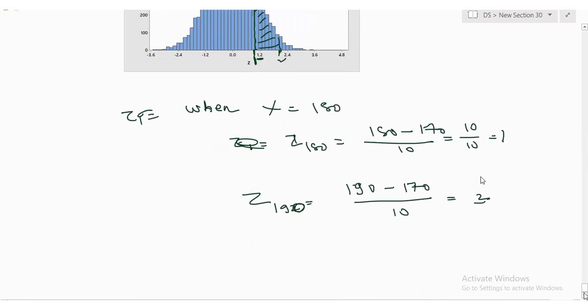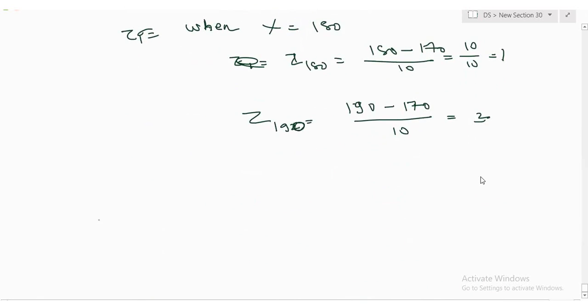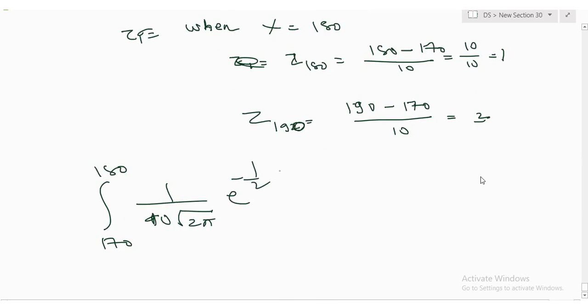So the meaning of this is, I want to find out the area between 170 to 180 of f of x. Sigma is 10, root 2 pi, e to the power of x. I'm going to write x afterwards. Mu is how much?